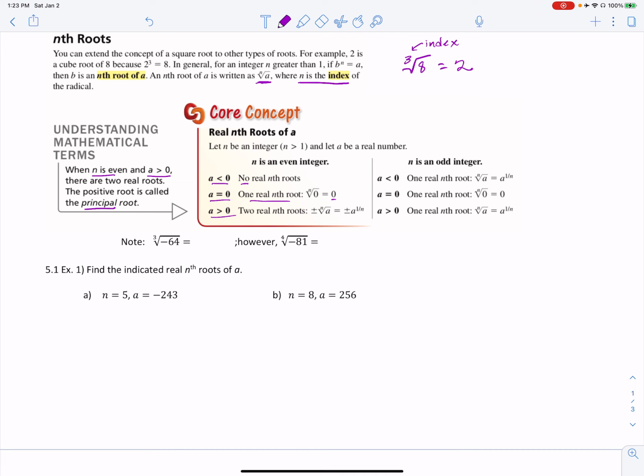When a is positive, there are 2 real nth roots, but the positive one is called the principal root. When we see the cube root here, just as another note, of -64, I know -4 cubed is -64. So that is the cube root of -64.